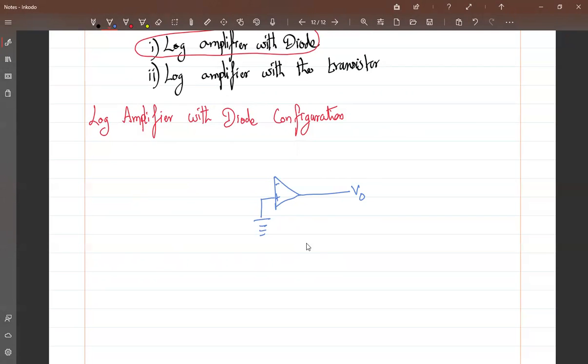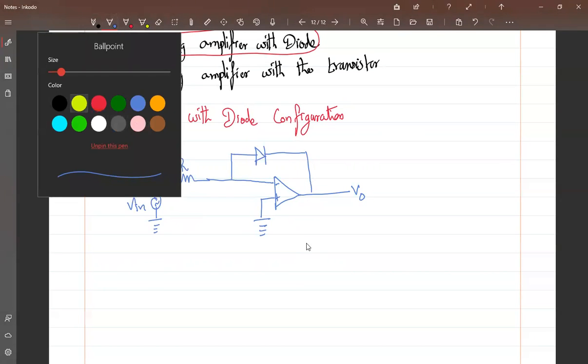In the input, V in is the input signal, given through a resistor R, which is the input resistor. A feedback path will be there, and in that feedback path, instead of a resistor, we are going to connect a forward bias diode. This is the corresponding circuit diagram for a logarithmic amplifier with diode configuration.